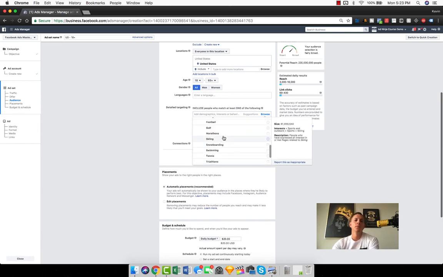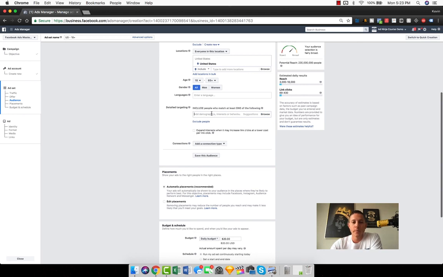Maybe you created a Shopify store and you got a licensing agreement from Stanford or something like that, and you were selling Stanford football merch. You could target football here, and you could target college football also, and then in the demographics area here in education, you could do schools and universities.